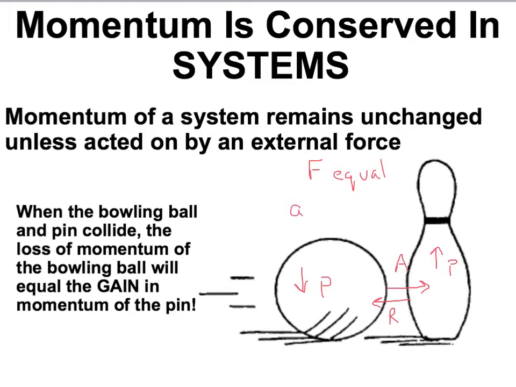But the acceleration is going to depend on the mass, so it's going to be unequal. And since the bowling ball has a much larger mass than the bowling pin, its change in acceleration is going to be less. And that has to do with Newton's second law, which we wrote like this.